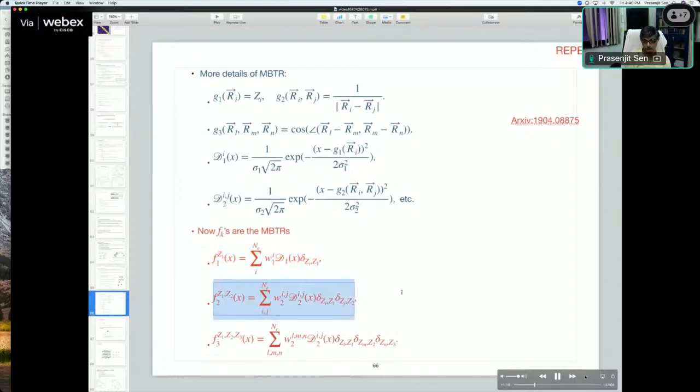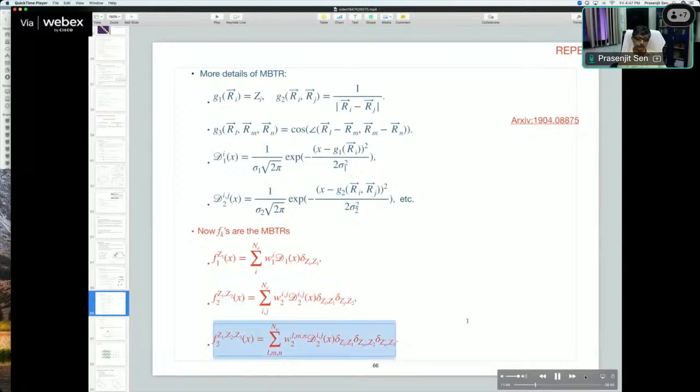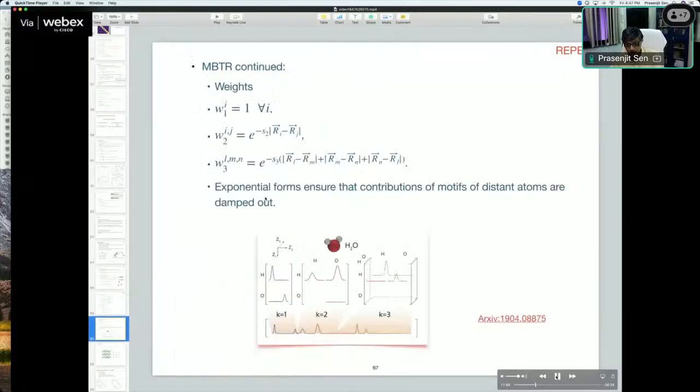Similarly, the two body MBTR, F2 for different Z1, Z2, would be a sum over the D2s, but weighted now. So how do we choose the weights? We argue that one reasonable way to choose the weights is so that they go down exponentially as the distance between the atoms Ri and Rj increases. The same way, the three-body MBTR is constructed. And I had shown you the weights.